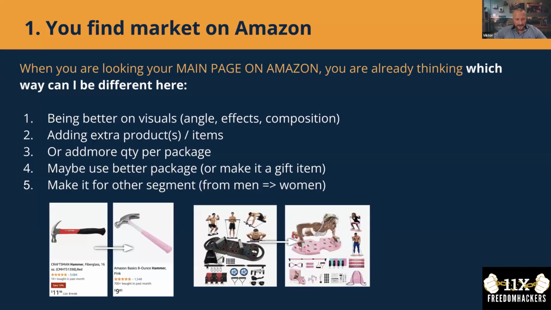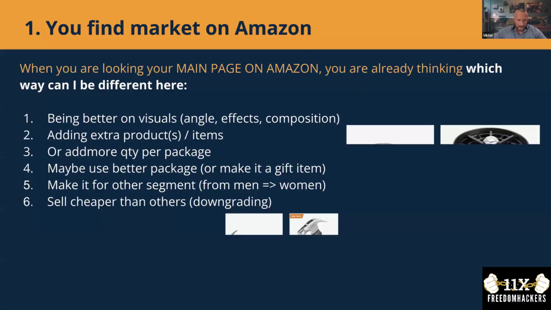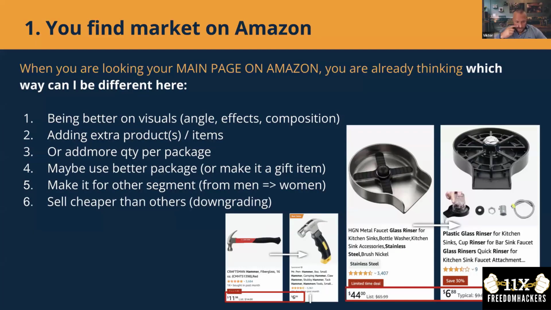Same thing, I see it really often: a different segment, a different color, something that's not really meant for women but people are doing it for women, or different colors that will shine out instantly on the main page. Or downgrading, selling cheaper. If there's such a possibility, then do that. If there's not, then you cannot do it. But usually Chinese sellers have already done it. But this is a super powerful way to enter the market.